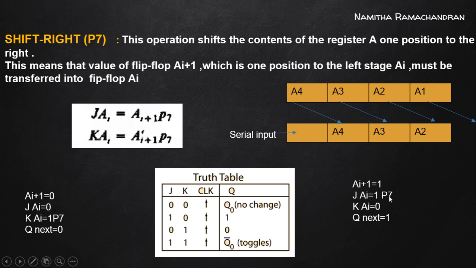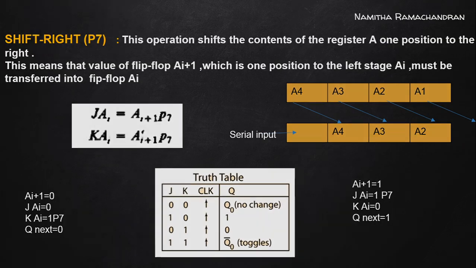So 1 and 1 is 1 itself. So now the J value is 1, the K value is 0. From this truth table, with J value 1 and K value 0, the next state holds the value 1. That is the same value 1 available in the AI plus 1th position, which is shifted to the AIth position after performing this shift right operation. So the corresponding Boolean function is like this.